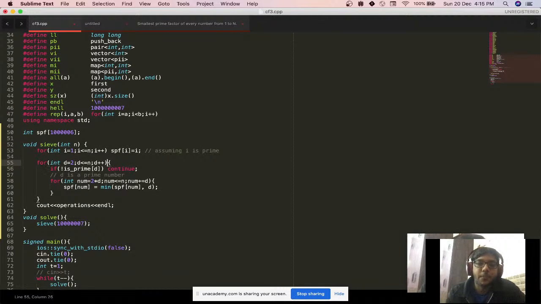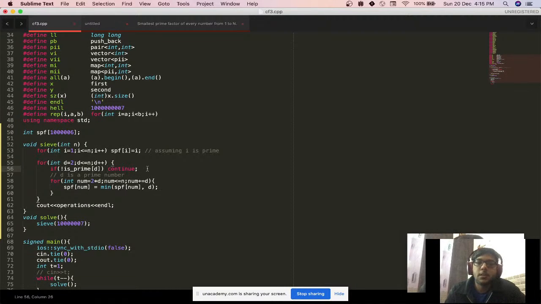We also discussed one optimization: if the number is not prime, for example, if the number is 6, then I am not going to iterate over its multiples, because 2 and 3 have already told my multiples that you are not prime.